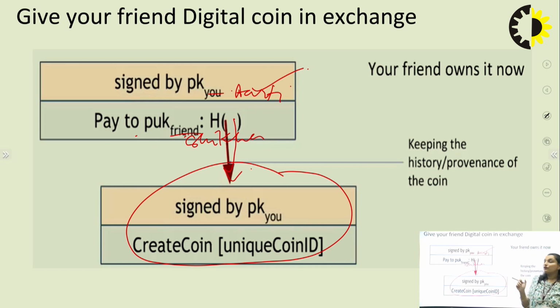The hash code is used to create the history of who created it, because this coin will circulate. With physical money, we say this is generated by RBI, but we don't track the person. For example, ICICI Bank will have a note that these currency notes are received from RBI.